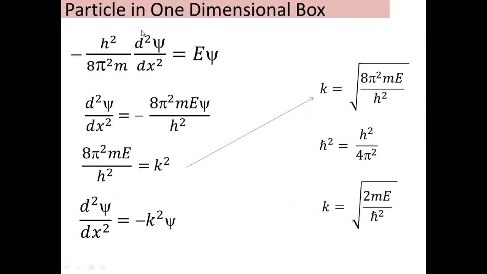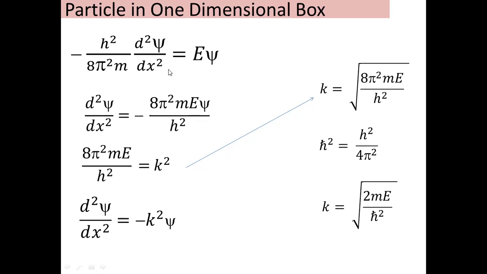Now, this is what we derived in the previous slide, with the total potential energy being zero for the particle moving in a one-dimensional box.